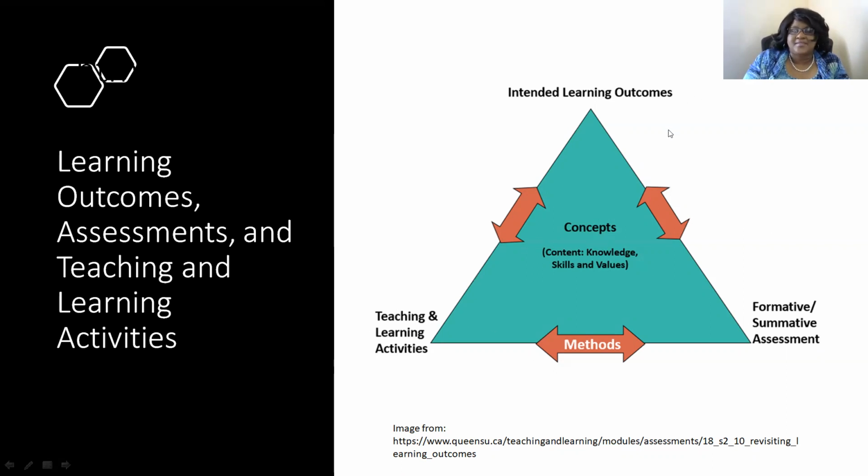How many times have we said that we want a student to be able to critically analyze something, and then we have an assessment for them, but the teaching and learning strategies never presented them with the opportunity to critically analyze? So we want to make sure that not only are these items aligning to the outcomes, they're also aligning to each other.